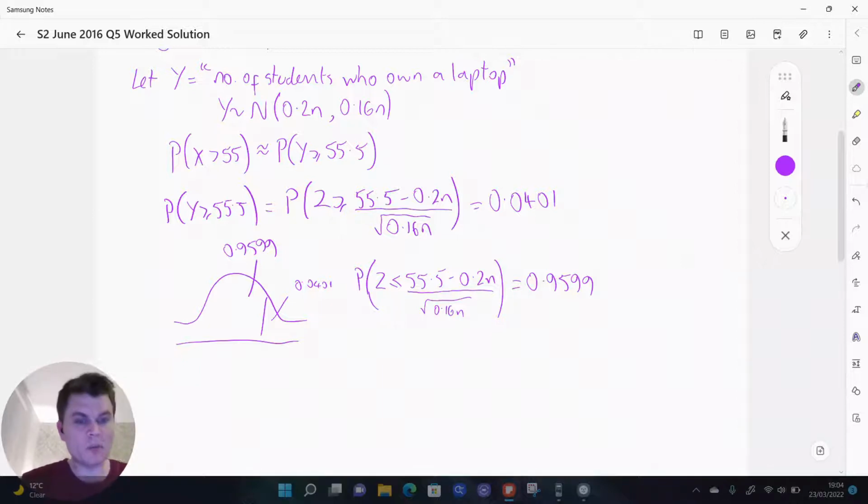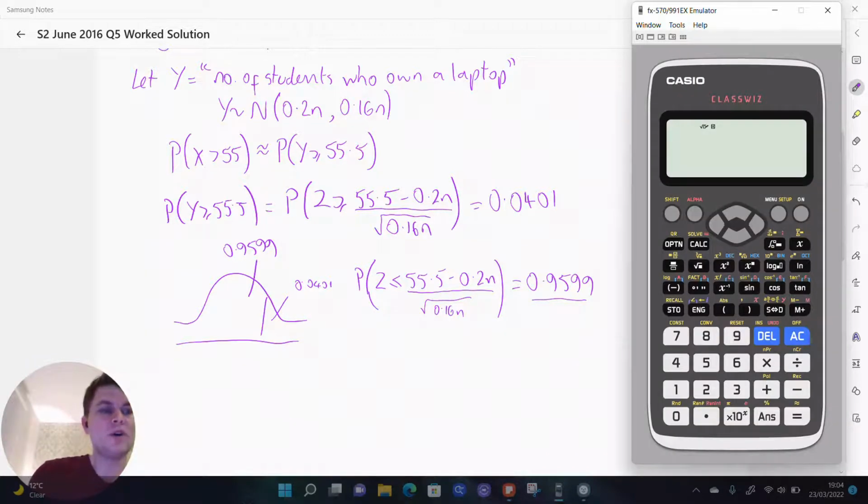Okay, so we've had to do all this because we are going to use the standard normal distribution. Now we have this set up, we can look up that particular probability and find out what Z value it returns. That Z value will then allow us to solve for n. That's going to involve us using our calculator. So we go onto our ClassWiz, press menu, go to distribution, and this one we are going to use the inverse normal.